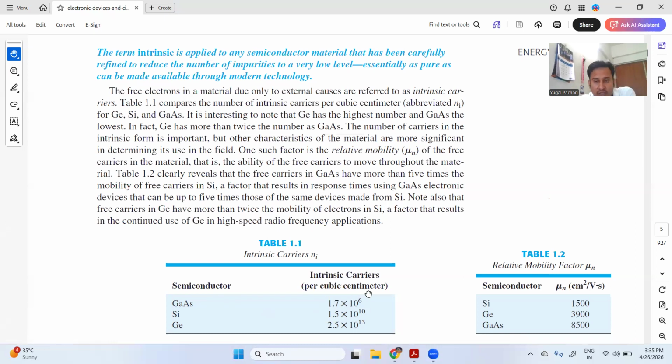Means per volume, per centimeter cube. So gallium arsenide you have 1.7 into 10 to the power 6. Silicon you have 1.5 into 10 to the power 10. Germanium you have 2.5 into 10 to the power 30.